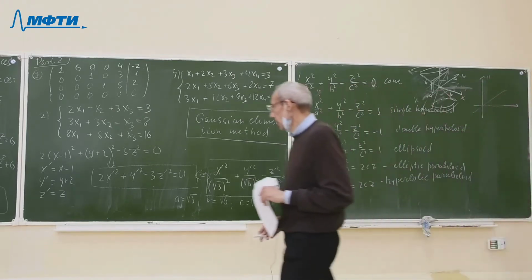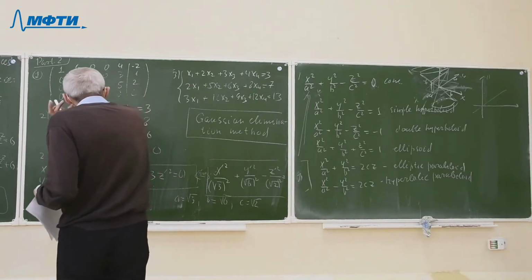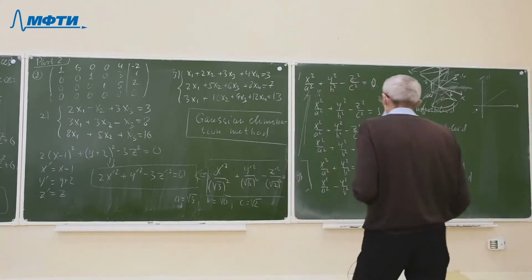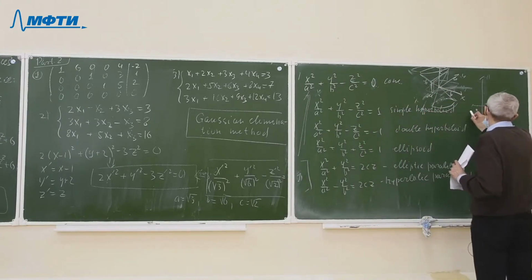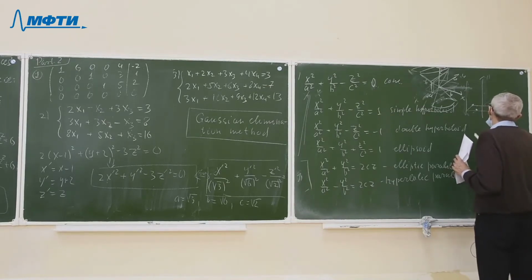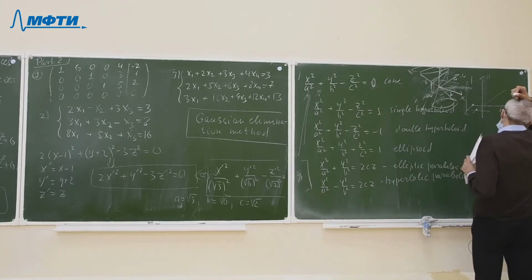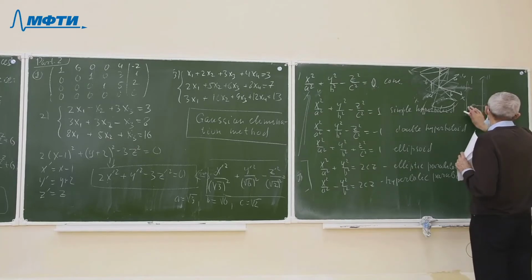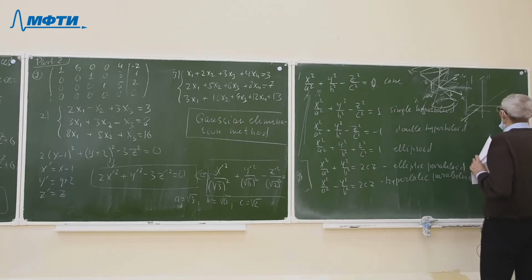The new coordinate system: x prime is equal to x minus 1, y prime is equal to y plus 2.